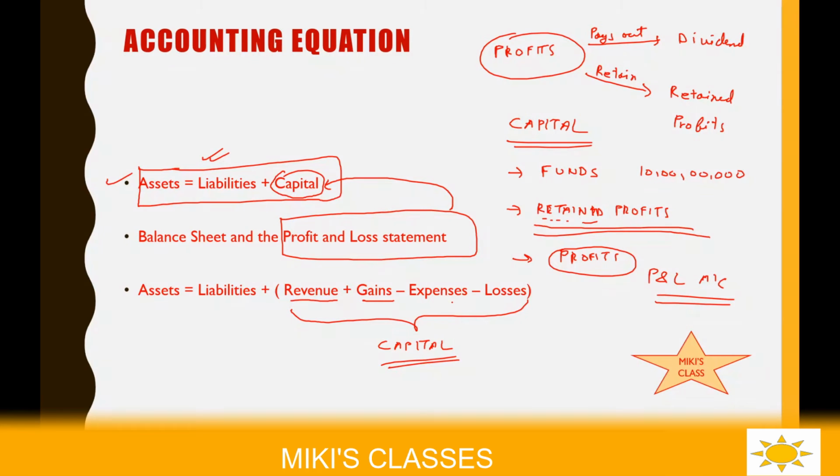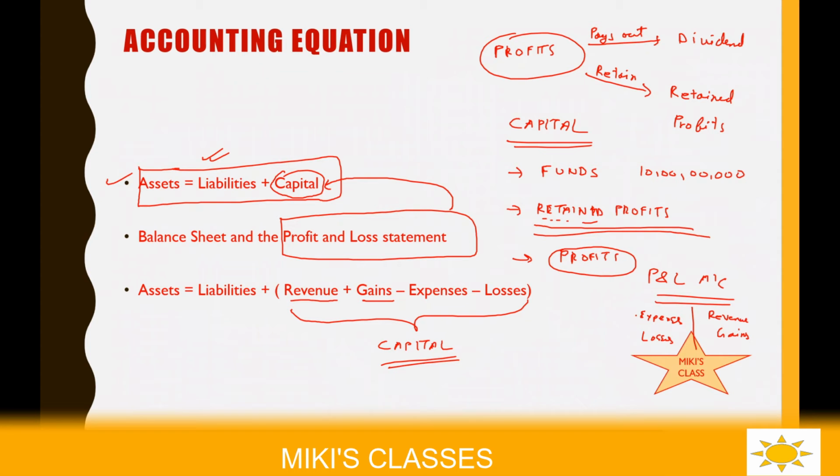And then you have to deduct the expenses and the losses. So this is basically the profit and loss account. On one side, you'll have all the expenses and losses. So just to give you a hint, expenses and losses will be on this side. And on this side, you'll have revenue and all the gains.